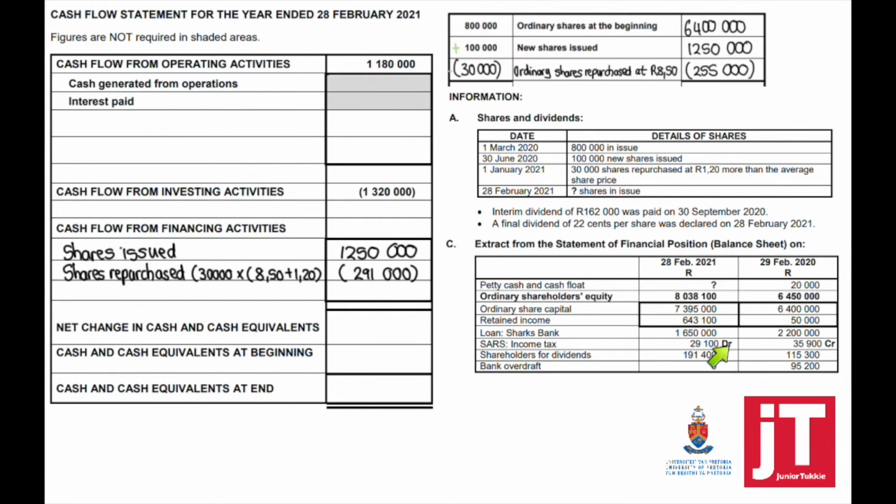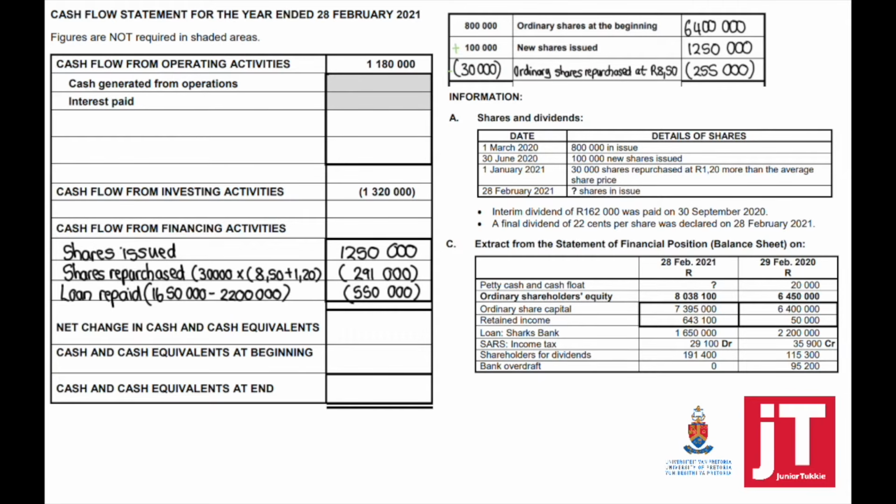If we look at the balance at the end of last year minus this year, it's clear that there's a decrease, which means there was a repayment. If there's a repayment, it must be shown in brackets because this is an outflow of cash.